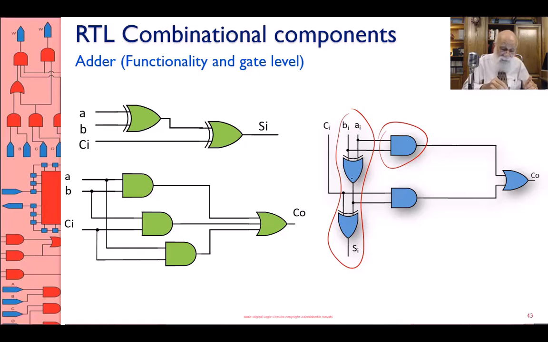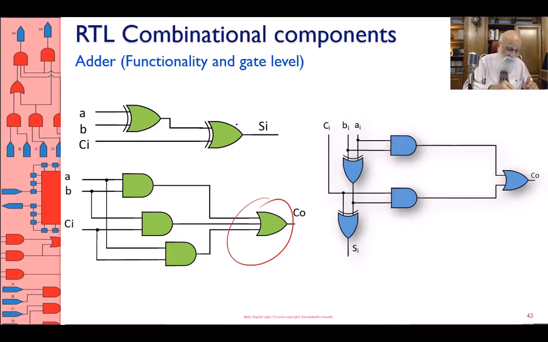I take that and AND it with CI, and then only use one OR gate, I'm sorry, I use a single OR gate with two inputs instead of an OR gate with three inputs, and then I drop one of my two-input AND gates. This is a better circuit. This is a smaller circuit, and this is called a full adder.